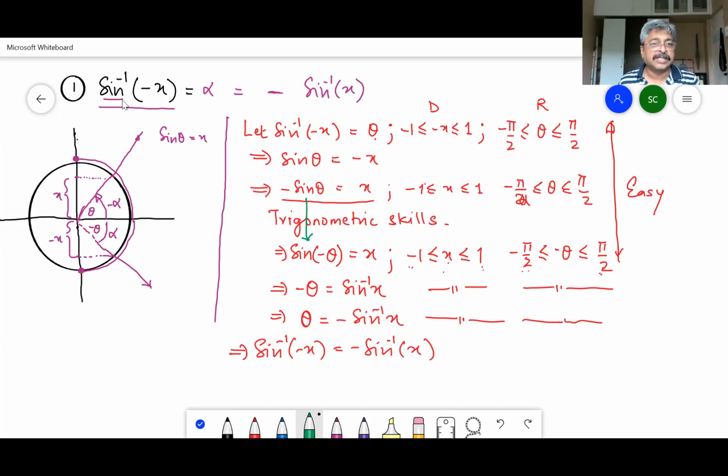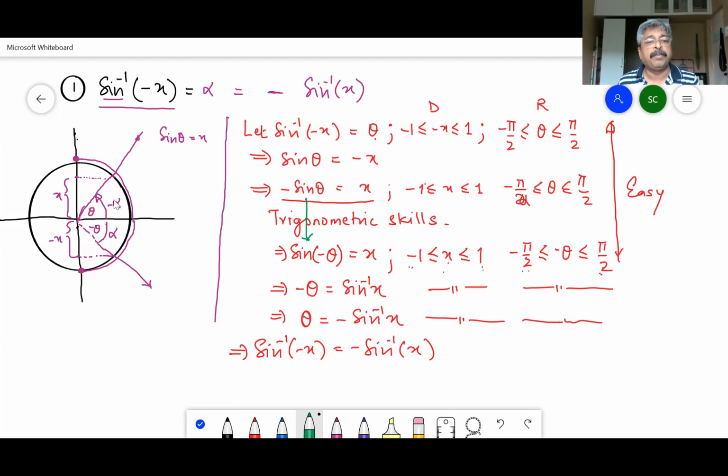So if I want to answer sine inverse of opposite of x, that means you want alpha, you want to report alpha in LHS, and you have to express it in terms of sine inverse x. That means you have opposite of alpha with you. Sine inverse of x is opposite of alpha.